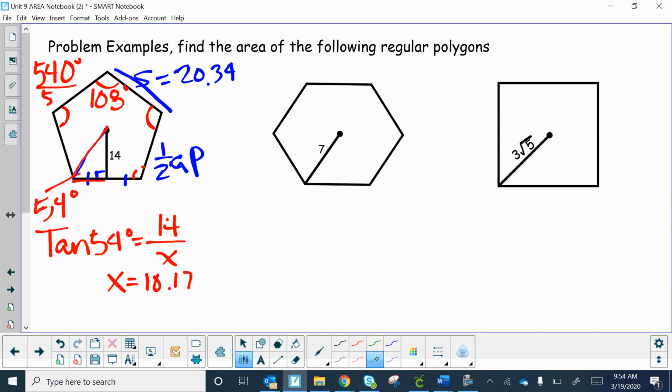Since I have the whole number in my calculator, I'm just going to hit times 5. So the perimeter is 101.72.